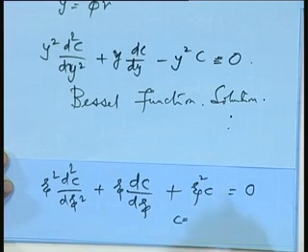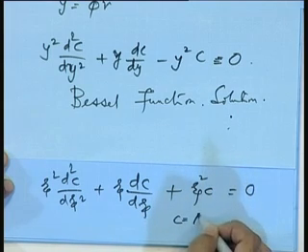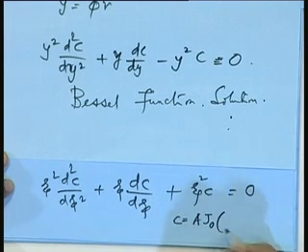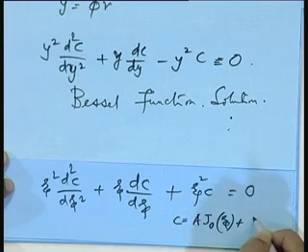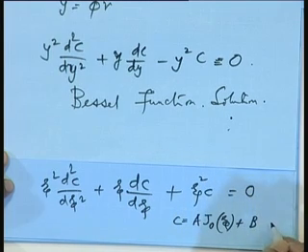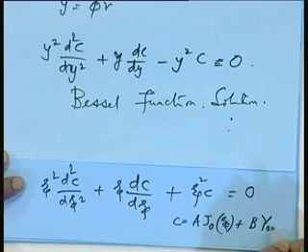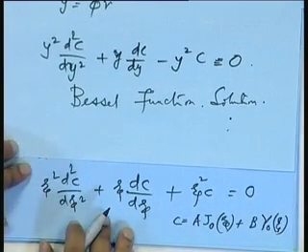So, C equals J naught psi plus B, let us use up all the alphabets, Y naught psi.